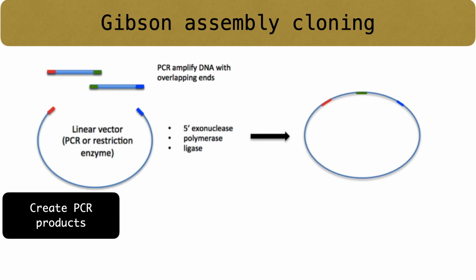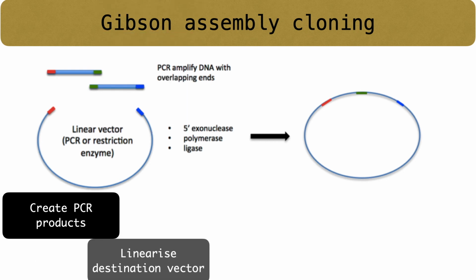These overlapping ends between the gene of interest and the linear vector will stick together once we recombine them. So we have to take care to use specific primers for the gene of interest and linear vector PCR, so that we will have the same overlapping ends between them. So our recombination will be easy.